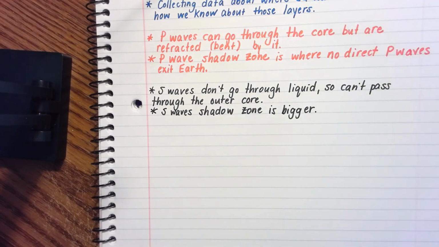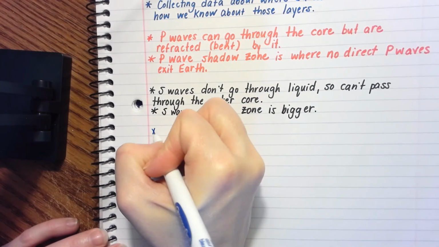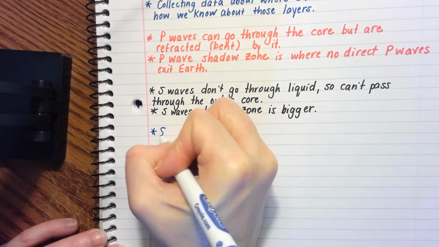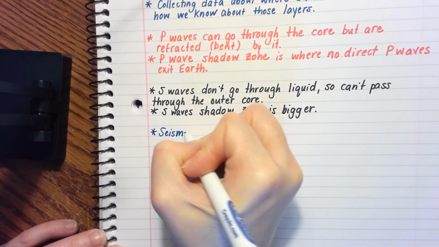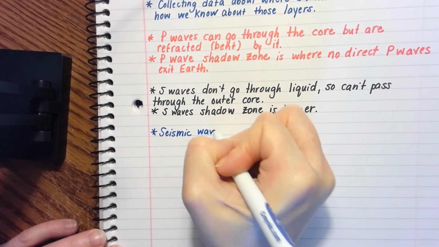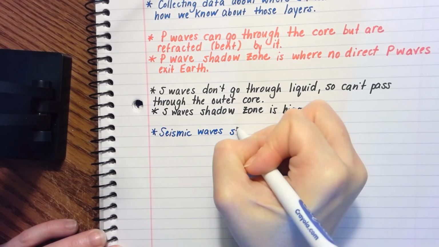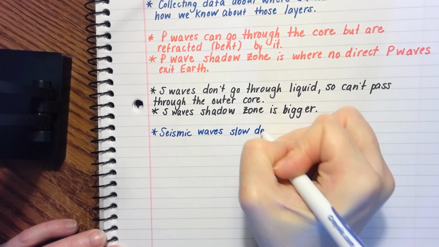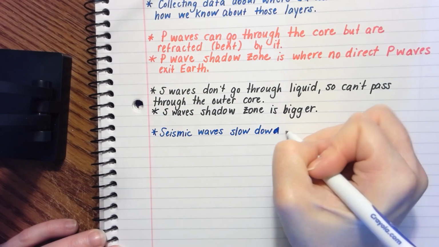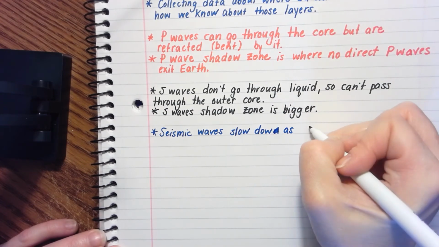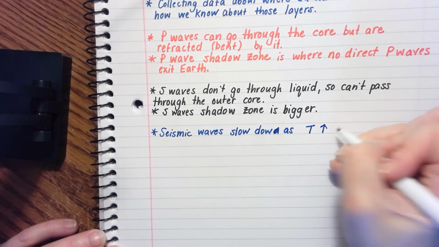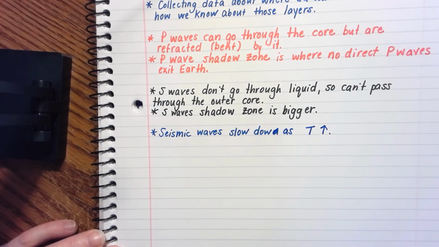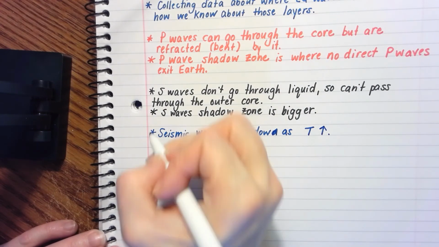Last bit of information from this section was about the speed of seismic waves in respect to the temperature of what they're traveling through. So seismic waves slow down as the temperature goes up. Seismic waves get slower where the temperatures are higher.